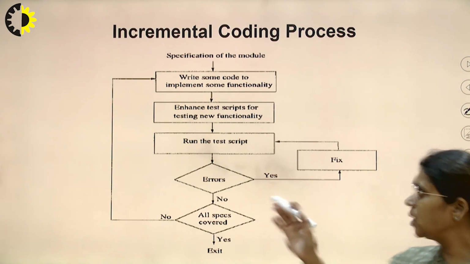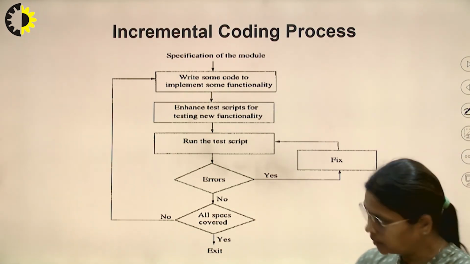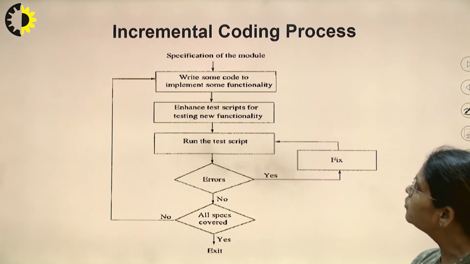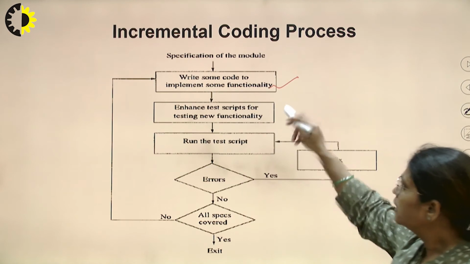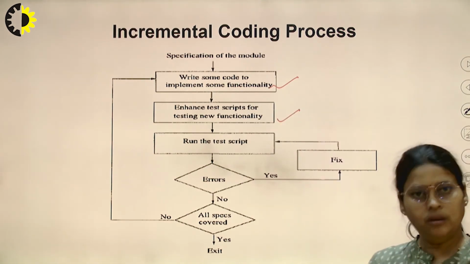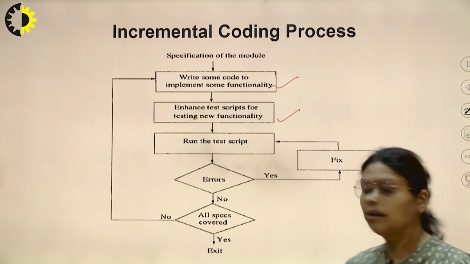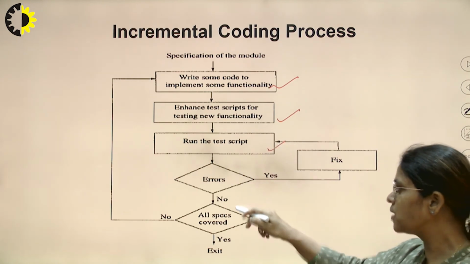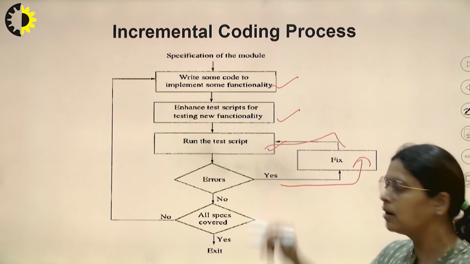This is an incremental coding process which we have to follow at the time of programming. We have to write some code to implement functionality. Then enhance the test script, and run that script. If some error occurs, then we have to fix the bug and run the script again.